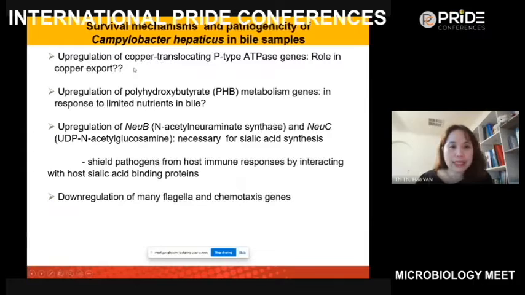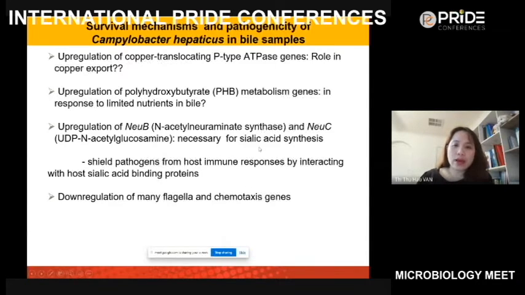So, for example, I listed in here. We found the upregulation of copper transporting ATPase genes, whether they have a role in copper export or not. They also have PHB metabolism genes as well, and thanks to these genes being upregulated, they may respond well to the limited nutrients in bile, which makes them able to survive in bile.